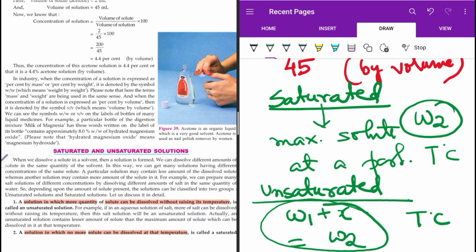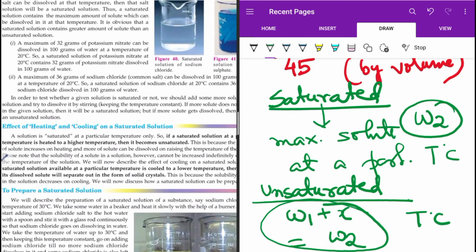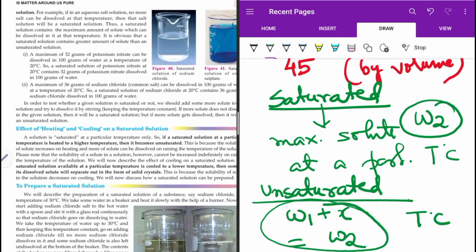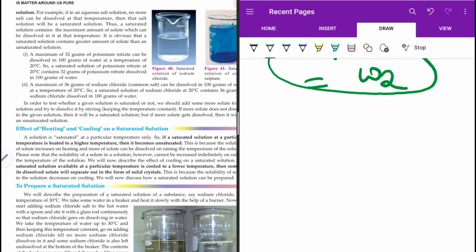So at a fixed temperature, if the solution can dissolve even more of the solute, it is not yet saturated, and such a solution is known as unsaturated solution. At the same temperature, when the maximum possible amount of the solute is dissolved, it is known as saturated solution. Let us go through some examples.